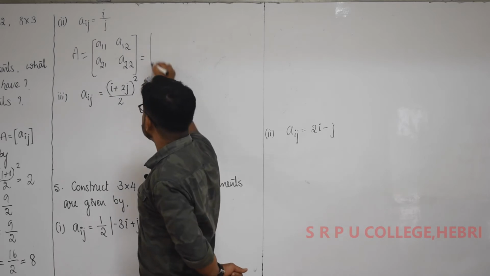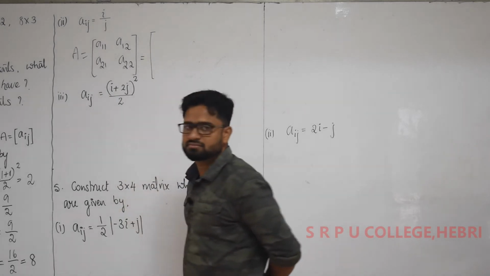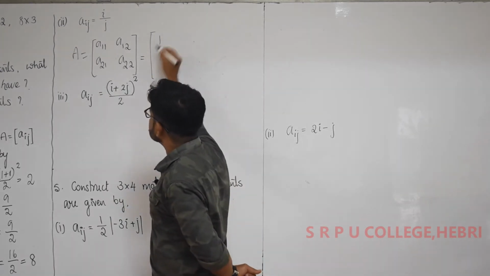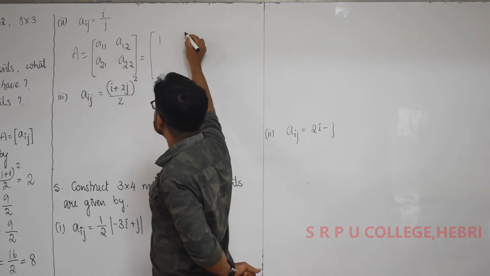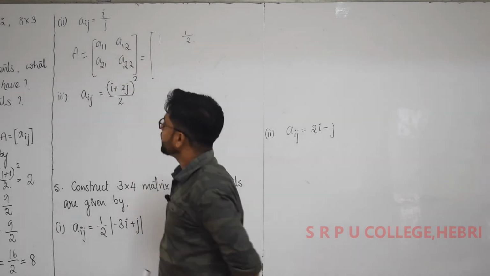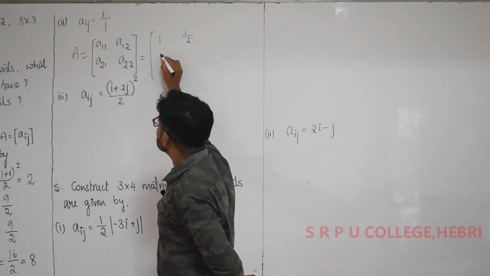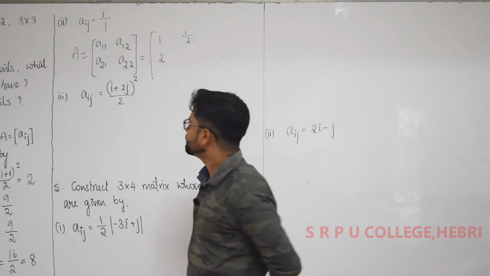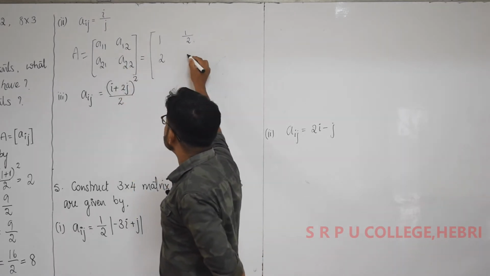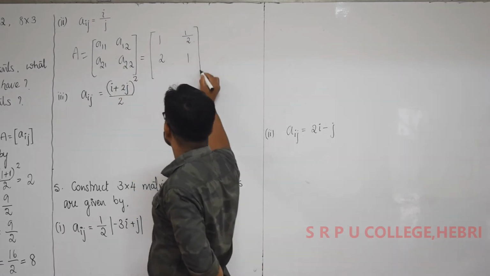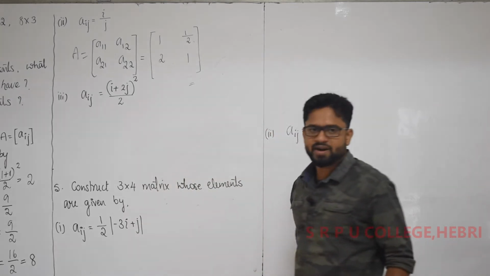Let me write directly. Here A11 is 1 by 1. A12 is 1 by 2. Using this Aij, A21 is 2 by 1, 2 by 1 is 2. A22 is 2 by 2, 2 by 2 is 1. So the required 2 cross 2 matrix is ready.